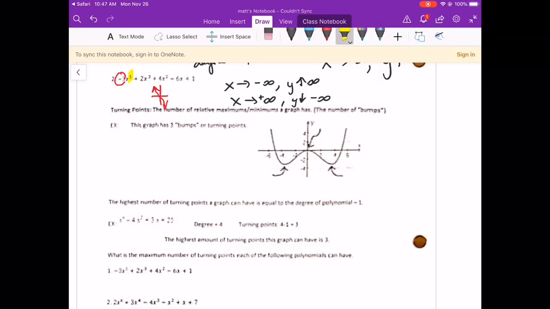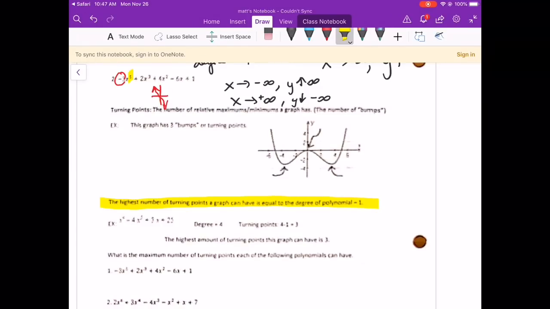So what we want to keep in mind is this idea about relative minimums and relative maximums, where the graph changes. And the possible bumps is this idea right here that I really want you to make sure you read through. The highest number of turning points, so that's where the graph changes, that starts, stops, bounces, bumps, where it changes direction, goes up, comes down, comes back up.